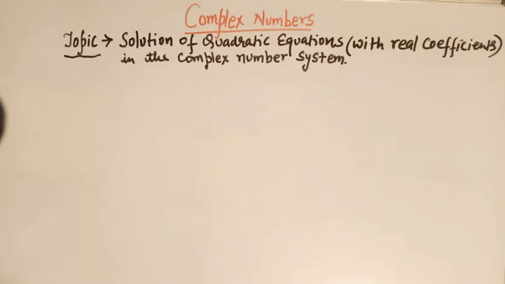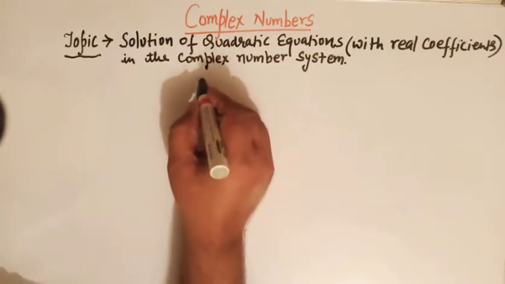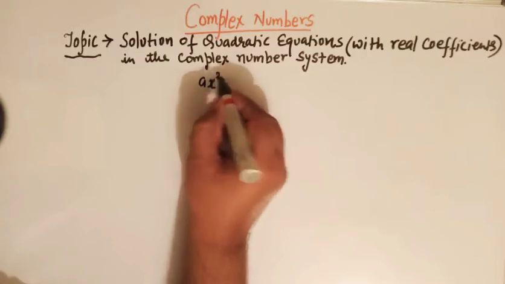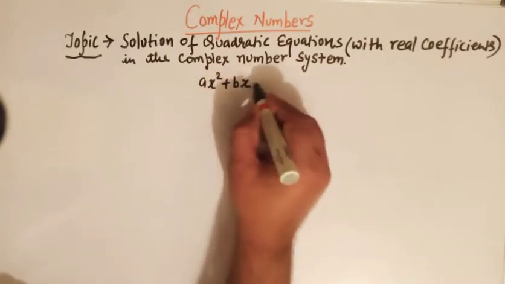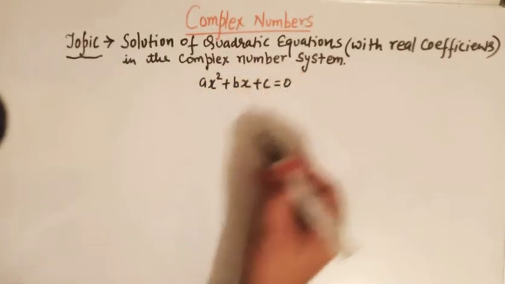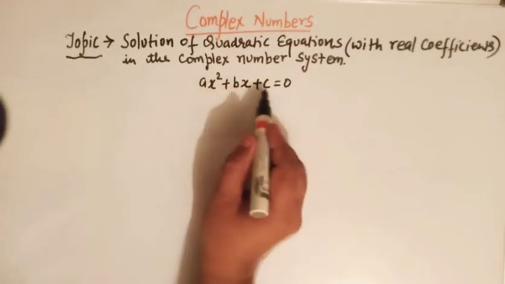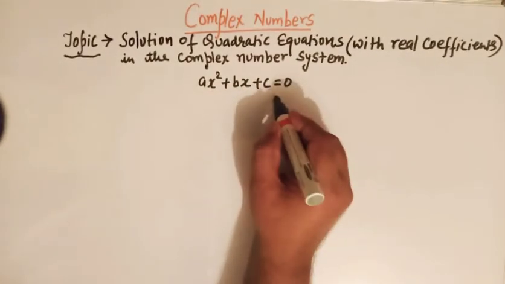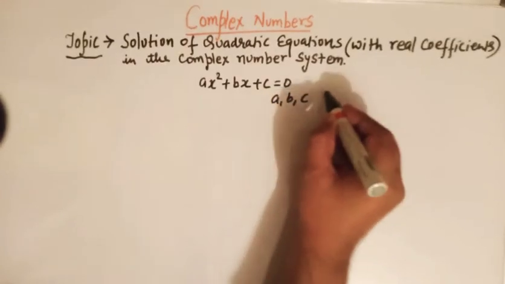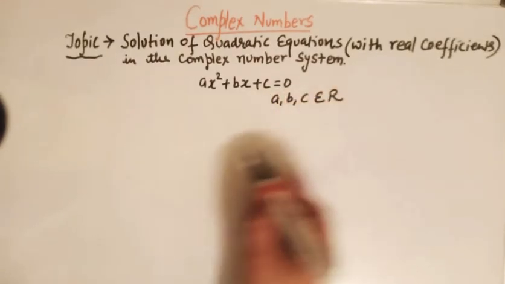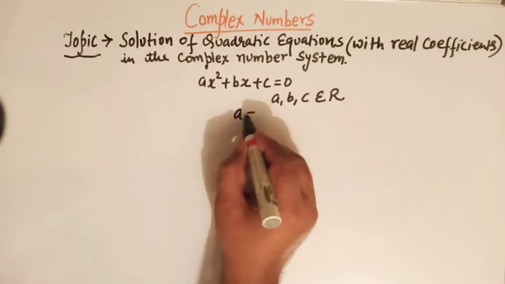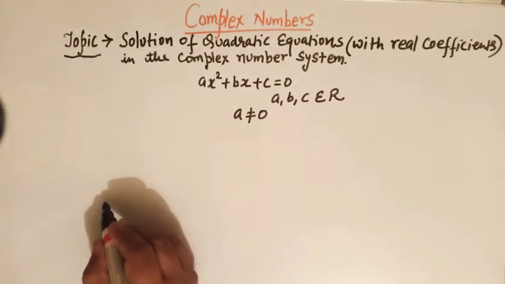Viewers, in our earlier classes we have discussed how to solve a quadratic equation of this type, ax square plus bx plus c is equal to 0. Here a, b and c are real numbers and a is not equal to 0, right?